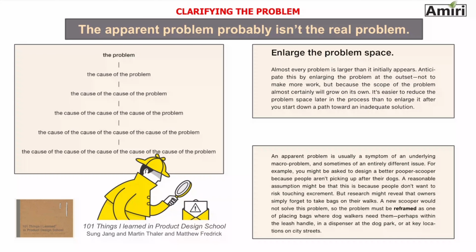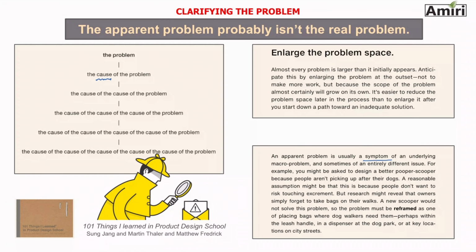Before we start, because we focus a lot on the problem, and eventually the goal is to create a product that solves that problem, it's important to think about what is causing the problem. A lot of the time a problem is a symptom of an underlying macro problem, and sometimes a totally different issue.